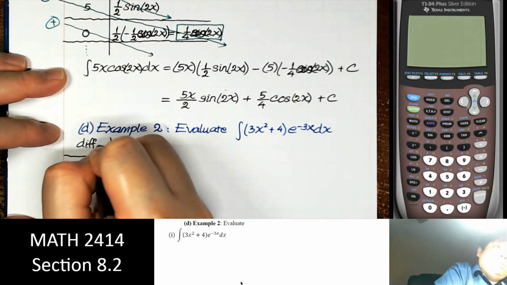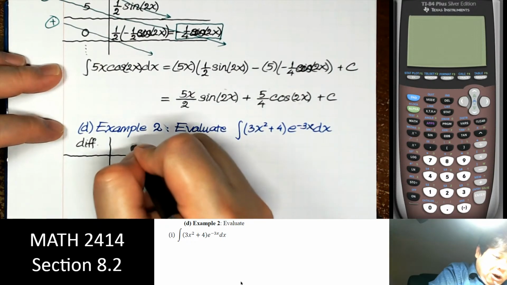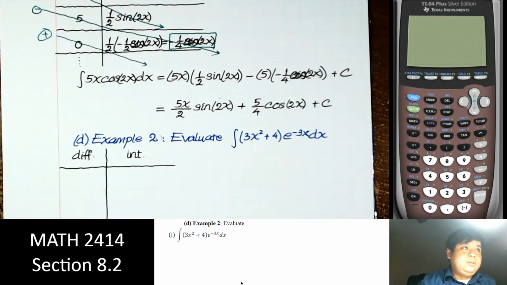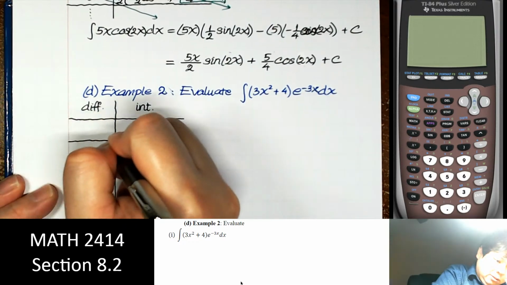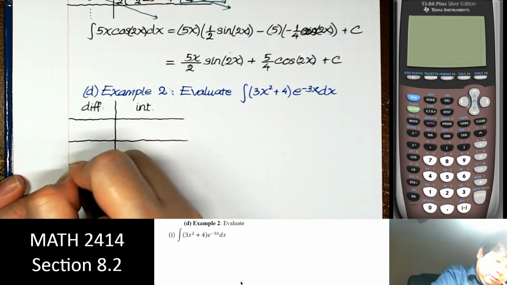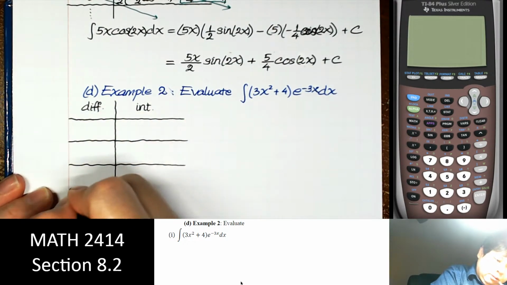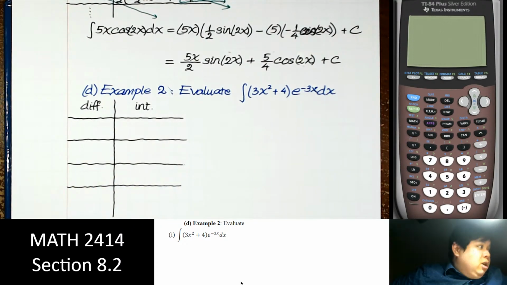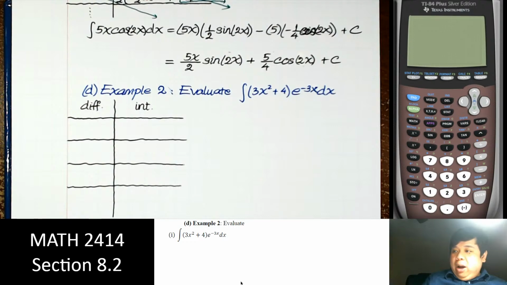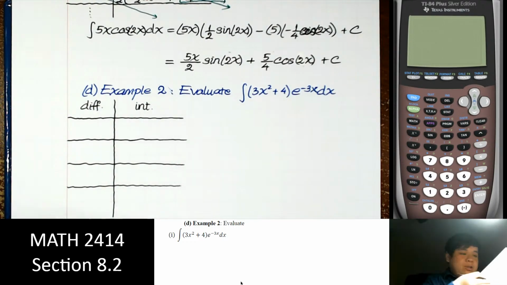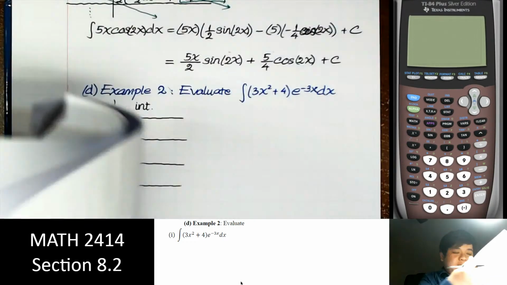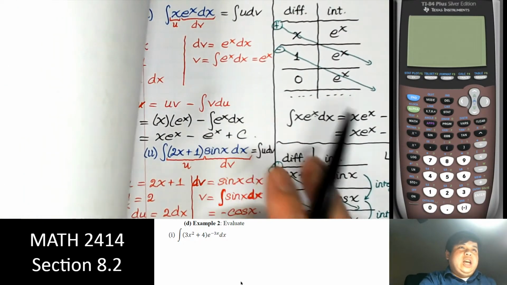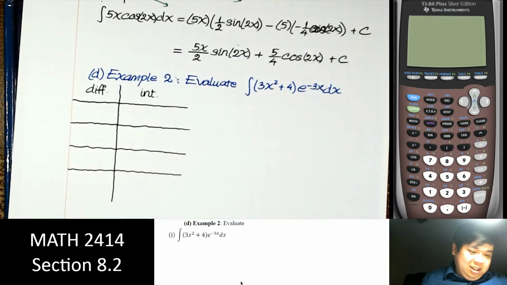One column is derivatives, the other column is integrals. So from now on we only use the table method. We could use the formula, which is perfectly fine, but the table is more compact.